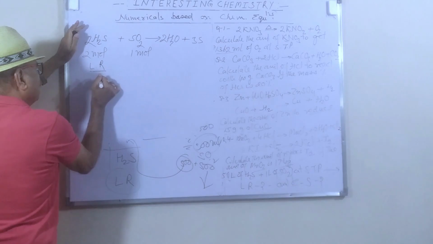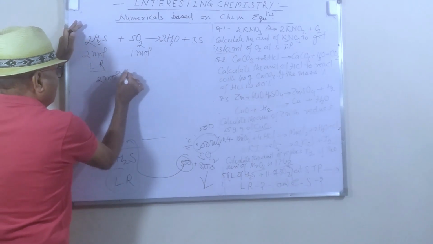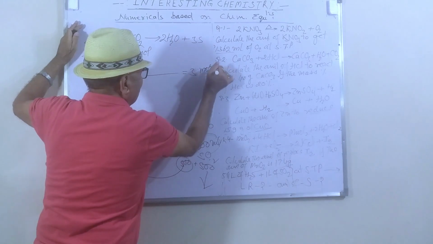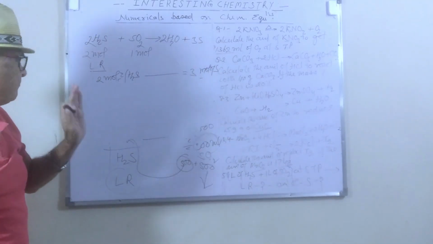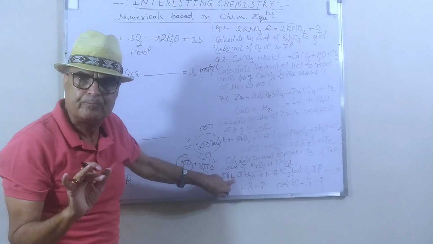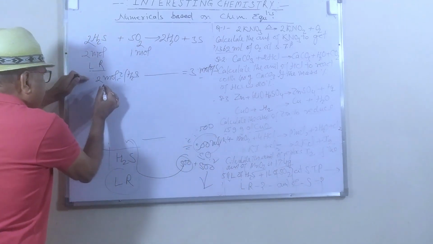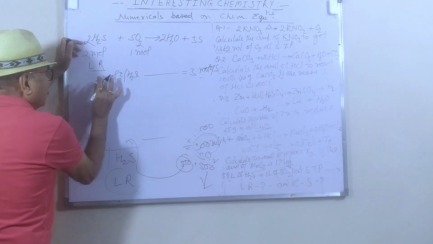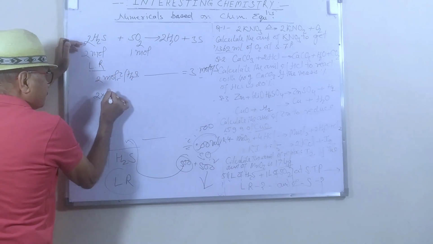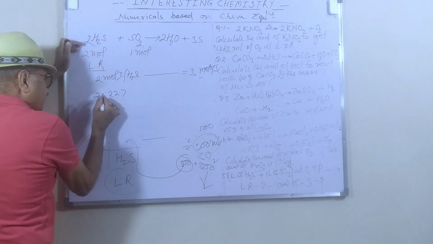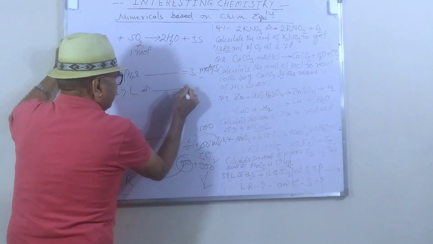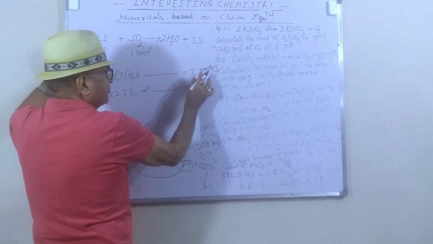So we write: 2 mole of H2S produces 3 mole of S. H2S is given in liters, so the volume of 2 mole of H2S at STP is 2 into 22.7 liter, and it gives 3 mole of sulfur.